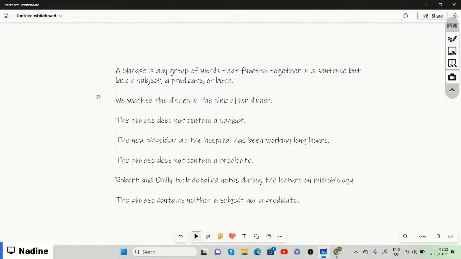Another example is: the new physician at the hospital has been working long hours. And here, the same: there is no predicate again.